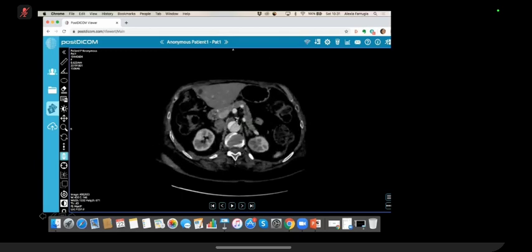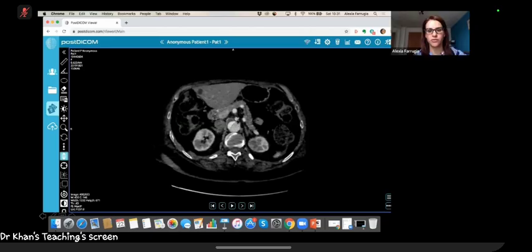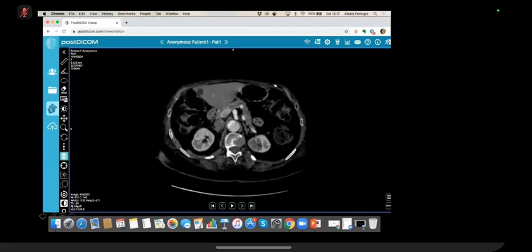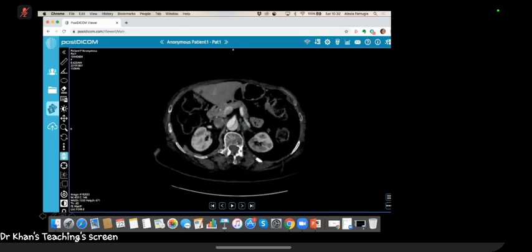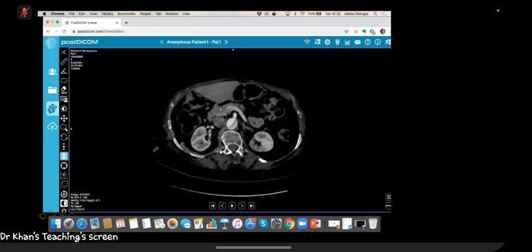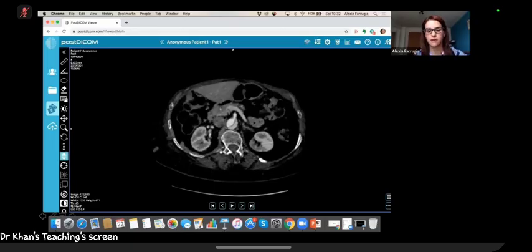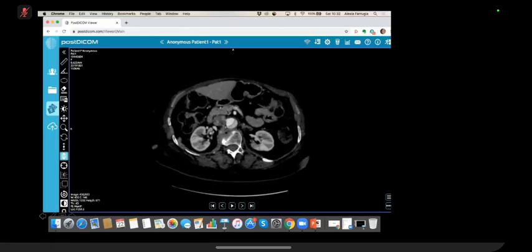So I think it does extend. Yep. The celiac is coming off the true lumen. And I'd look at the SMA as well, also coming off the true lumen. Perfect. So they're both coming up from the true lumen.